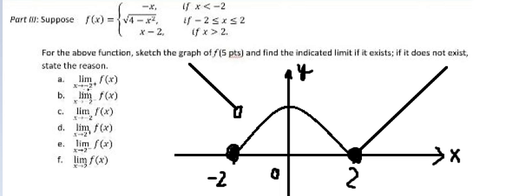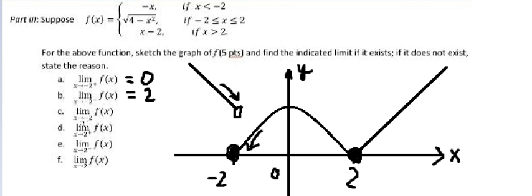When s approach to negative number 2 from the positive side, that's it from here. And we see that they go to number 0. When s approach to negative number 2 on the left, they go in here. And we see that this is about number 2.